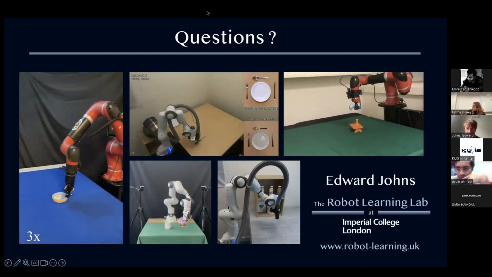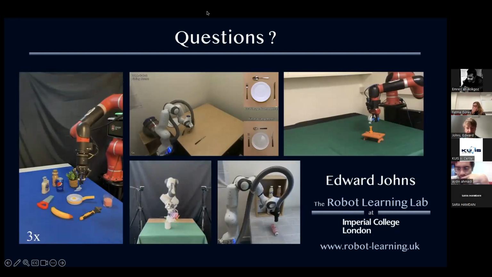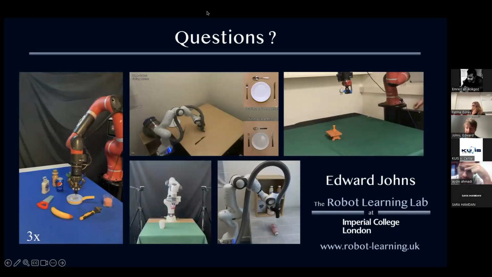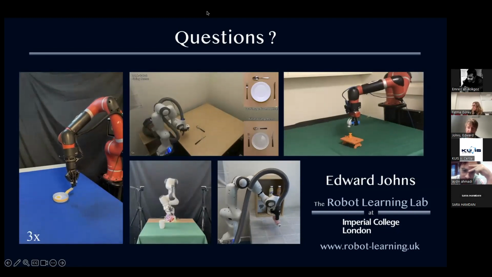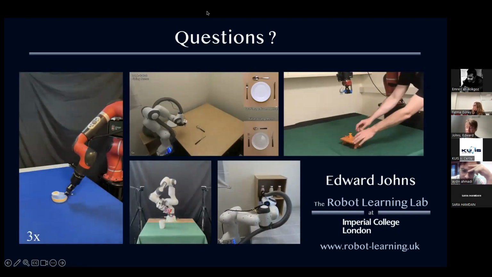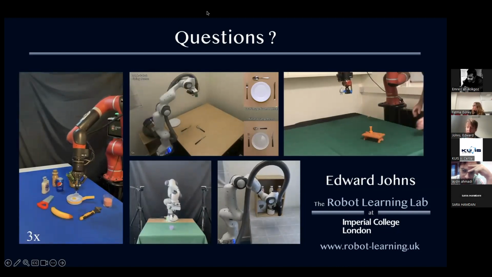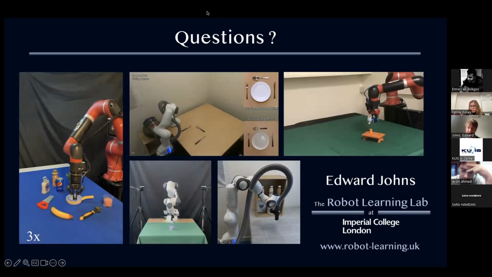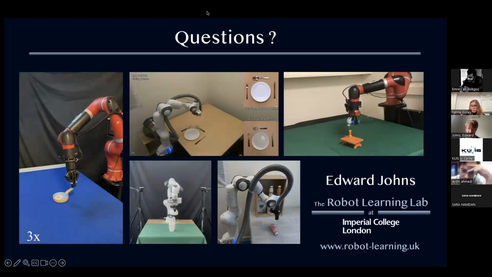Okay, so I think your first question was how many demonstrations do we need? If you're looking at the videos now, the task in the top right is hammering in the nail. For a task like that, where it's just a single task, you only need a single demonstration. We're able to get generalization across the task space, so generalization to the poses of the object, just from a single demonstration.